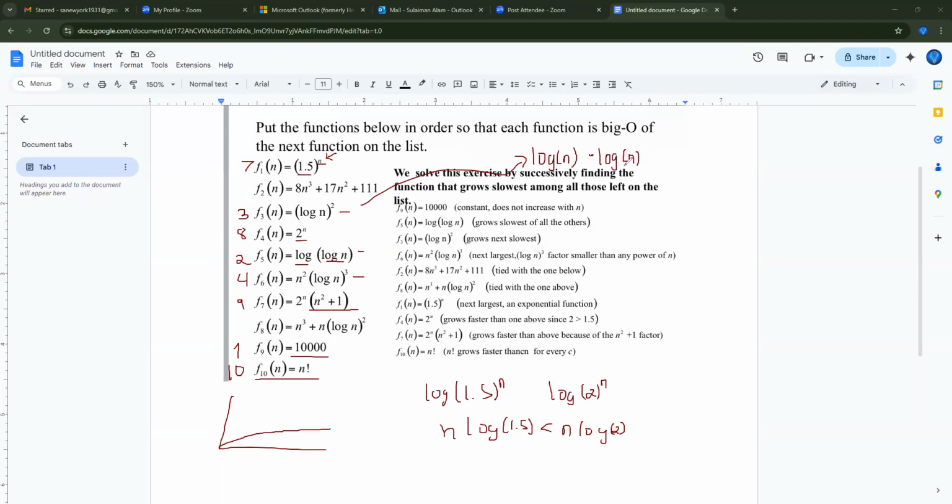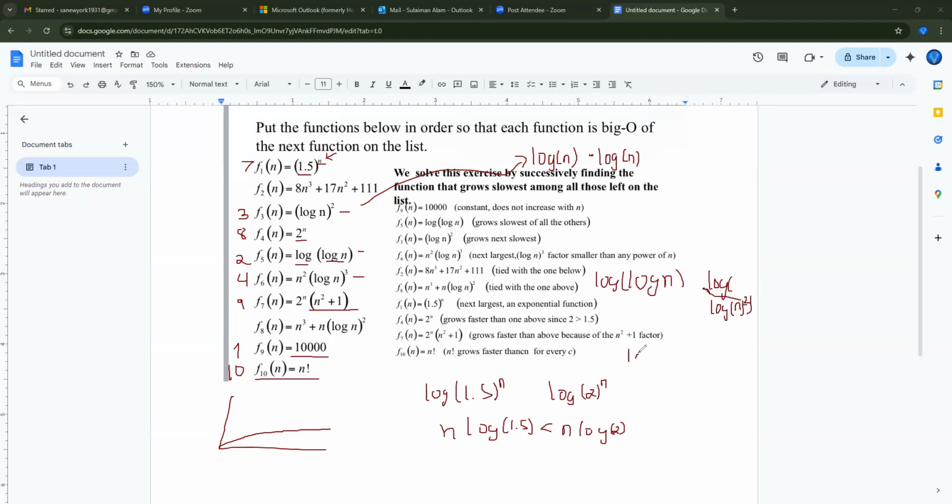And this is obviously going to go faster than if you take log of n. If you want to check that, once again, you could take the log of both sides. So we get log of n, log of n, and log of n squared. We see the 2 come to the front.